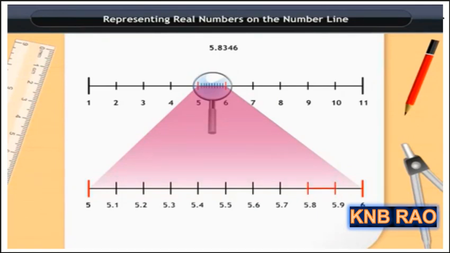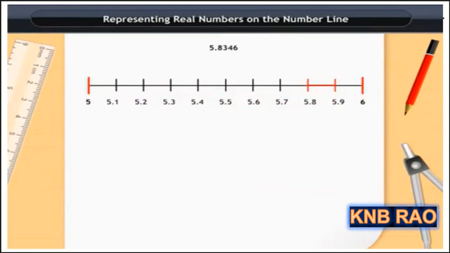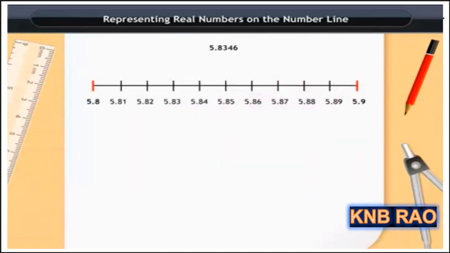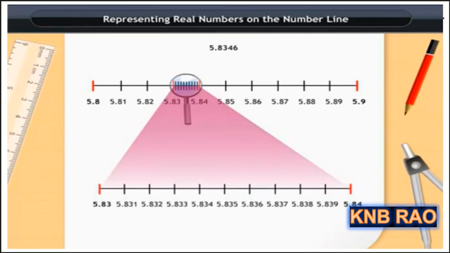Now further divide into 10 equal parts between 5.8 and 5.9 and then magnify them. Now look at this number line. Go back to 5.8346. It lies between 5.83 and 5.84.